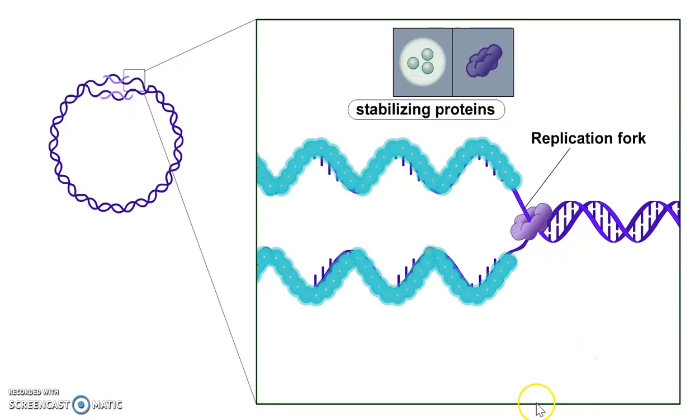And so what the cells do is they coat those single-stranded DNA parts over here with some stabilizing proteins. And that just basically keeps the two strands from sticking back together and forming those hydrogen bonds, and also helps to protect them a little bit so that other enzymes don't go in and start to chew up your DNA, because that's what we do with virus DNA that can be single-stranded and floating around. So we want to get rid of that DNA.